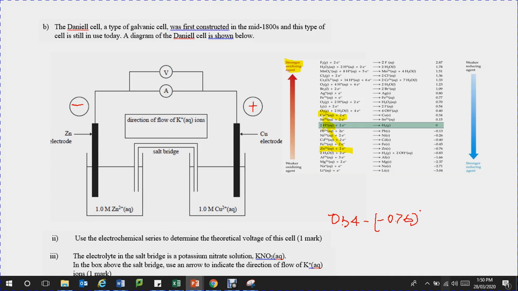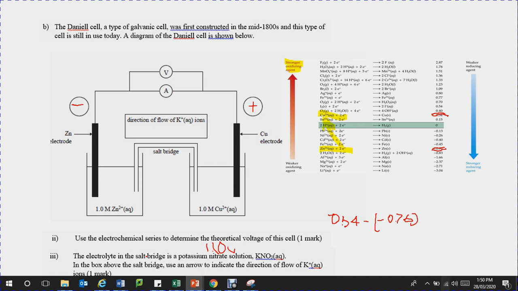I've just taken this value here and subtracted it from the value of the other half cell. That should give us an answer of 1.10 volts. So it's always the higher half cell, subtract the lower half cell.